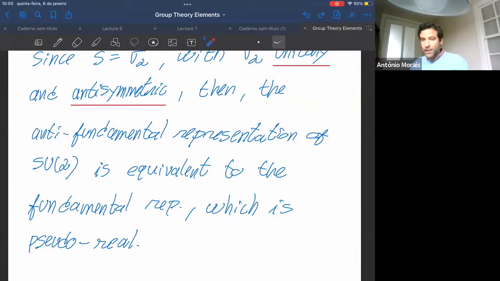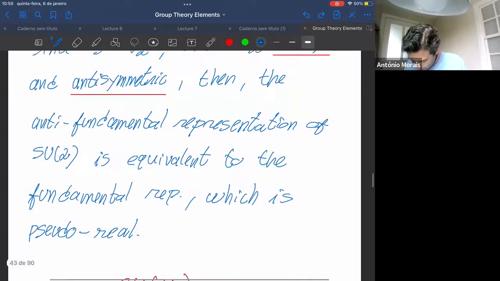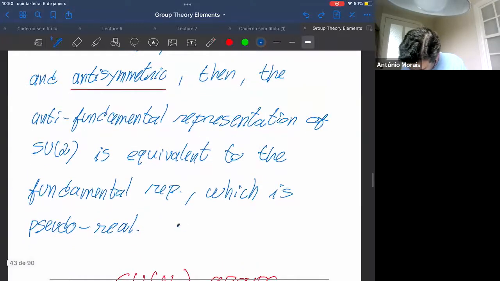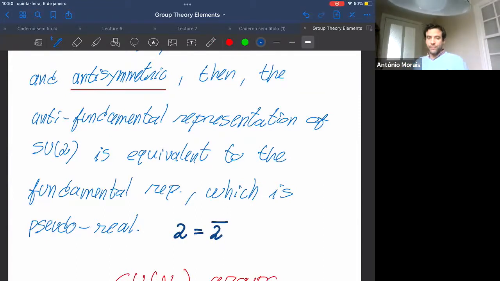So that's why, and this is particular to SU2. In SU2, so you can write doublets, like I will write already like this. You have a doublet, and the doublet is equal to its adjoint doublet, or the complex conjugated doublet. But for example, in SU3, the fundamental representation of SU3 is a triplet. So this is for SU2. Let me just identify that this is for SU2.